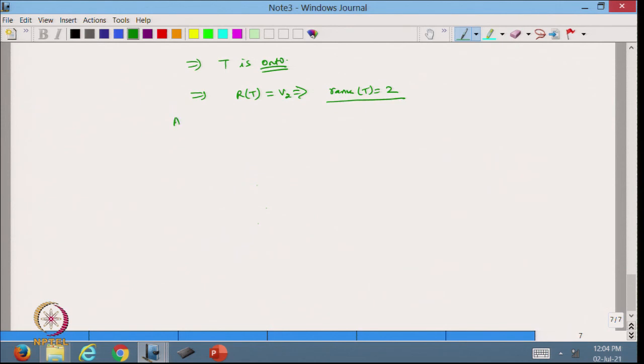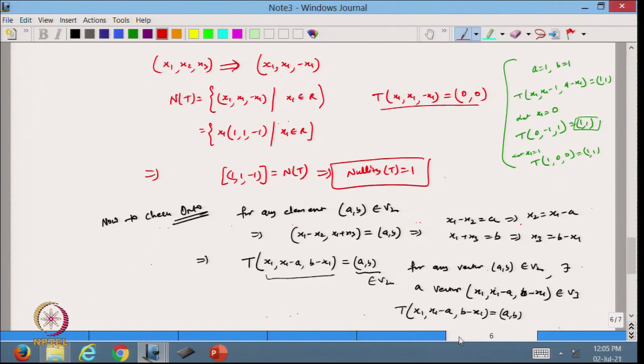Also, the nullity of T is 1. If the nullity is 1, you see from here that the nullity is coming from (1, 1, minus 1).